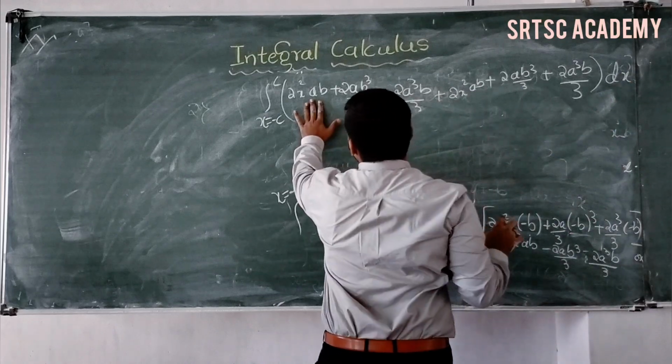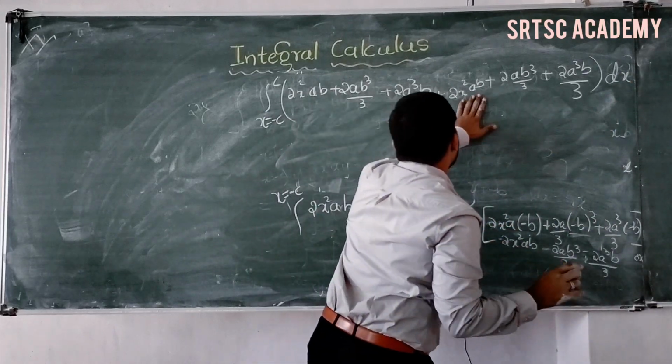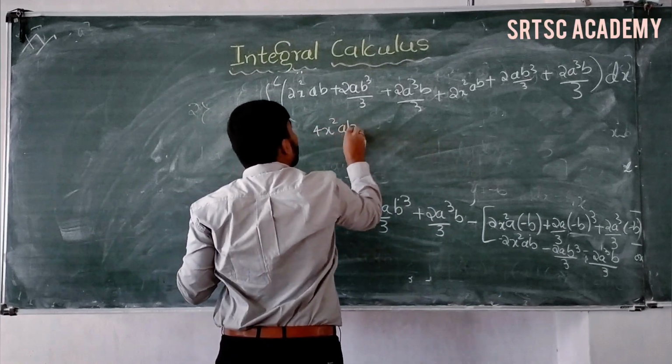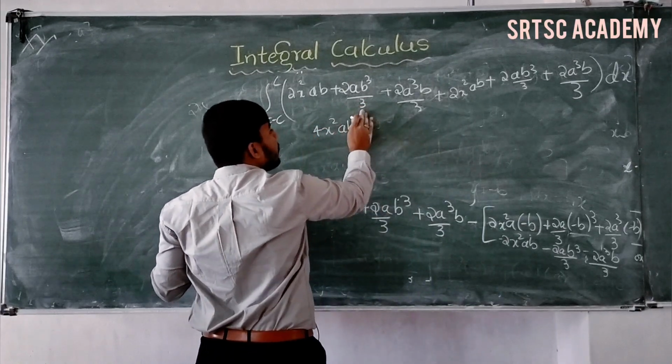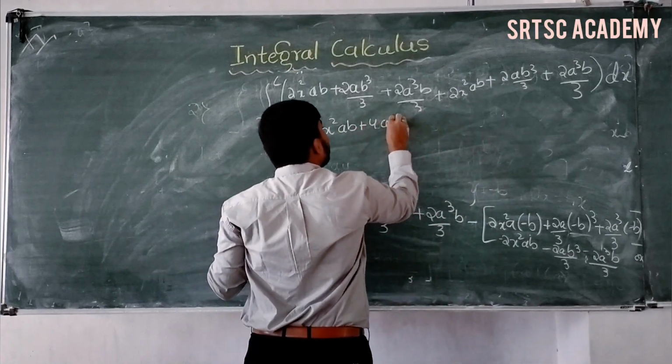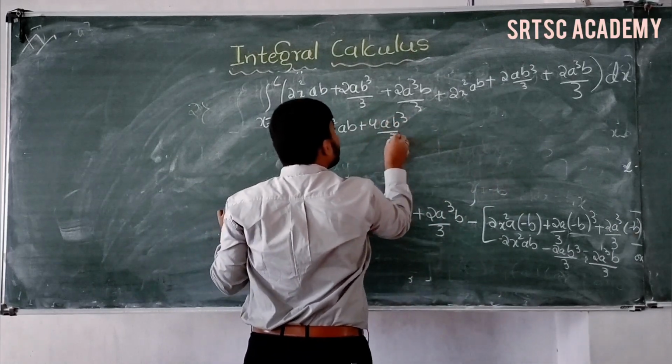Simplify it. 2x²ab and 2x²ab become 4x²ab plus 2ab³/3 plus 2ab³/3, that is plus 4ab³/3.